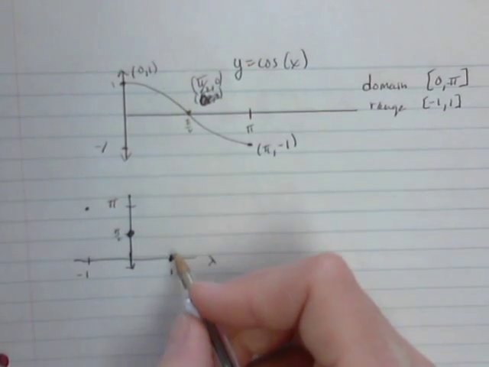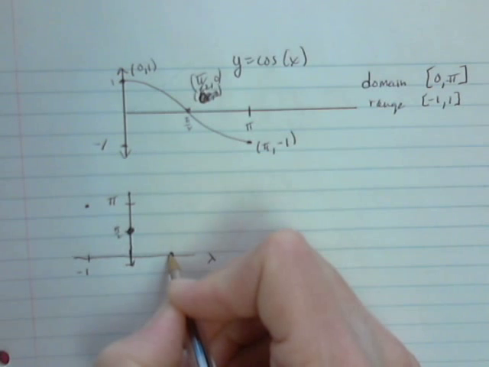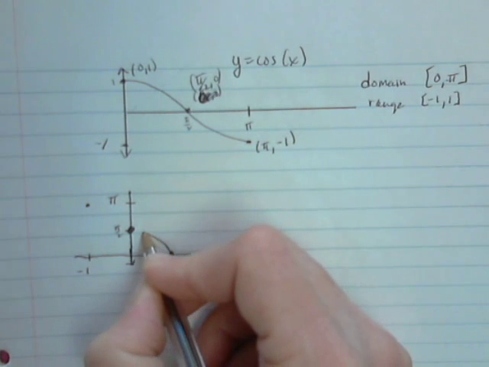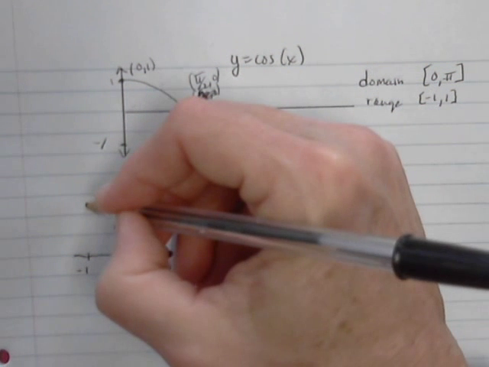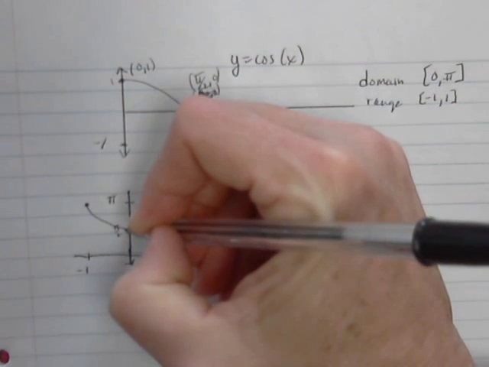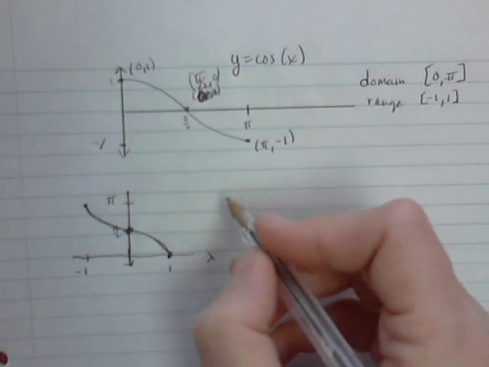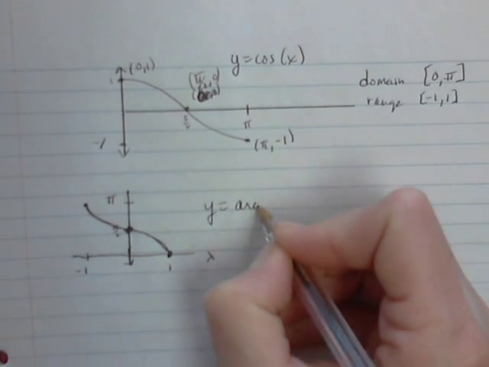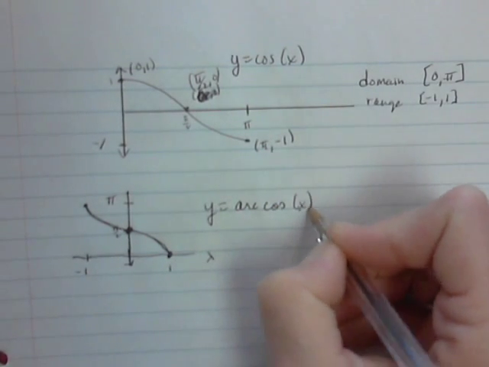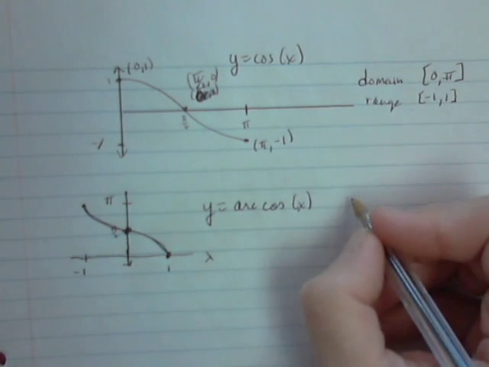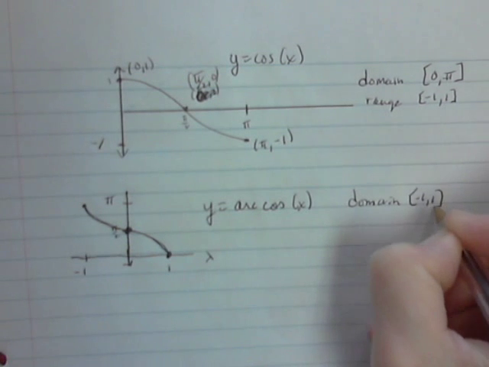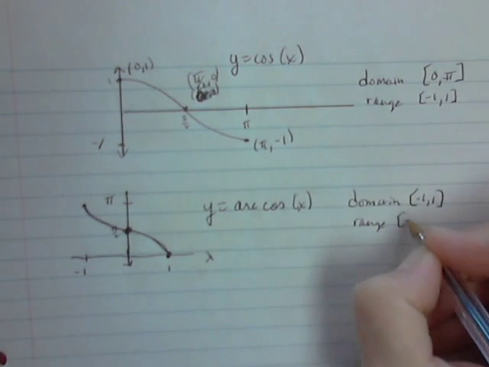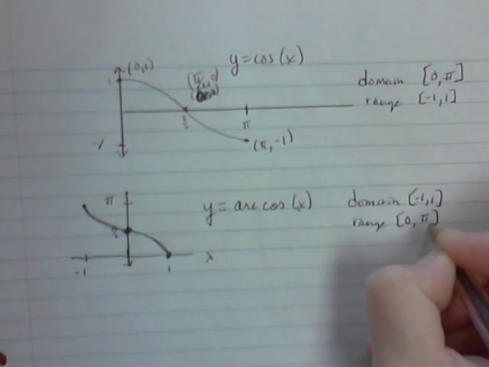And to reflect this across the line y equals x, we're going to start out with a concave down portion of the graph and end up with a concave up portion of the graph. So this is y is equal to the arc cosine of x. And the domain and range are just switched here. The domain, -1 to 1, range 0 to pi.